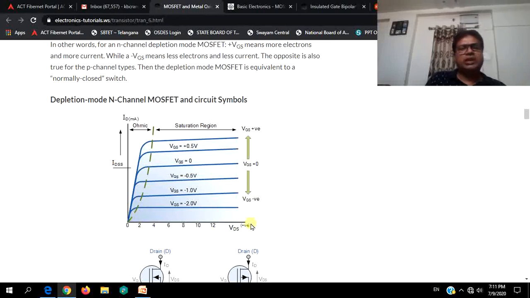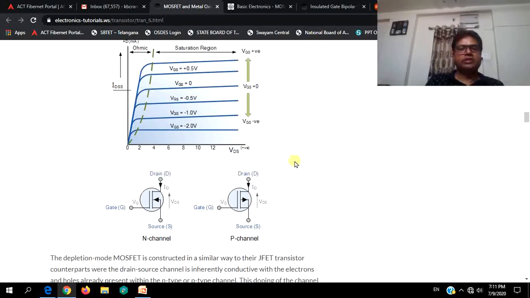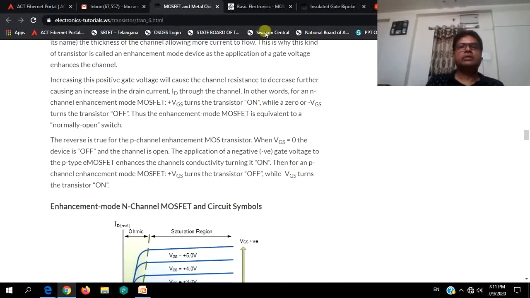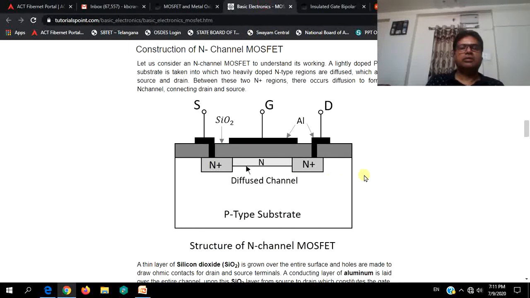Most of the transistors will have such a shape of IV characteristics, and this is the saturation region, or turn on or closed switch type of action, and here lies the cutoff or off region, or open switch like region, and the working region, which we have discussed in the case of BJT. The same things are described in a different fashion here.